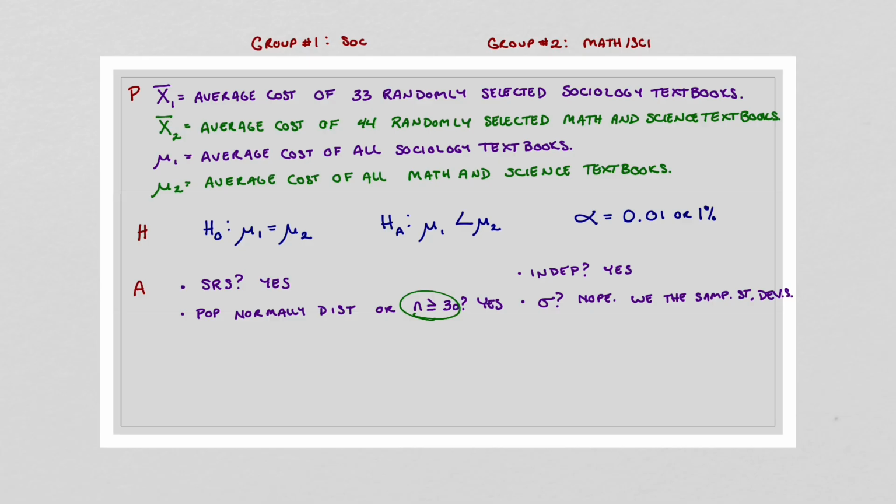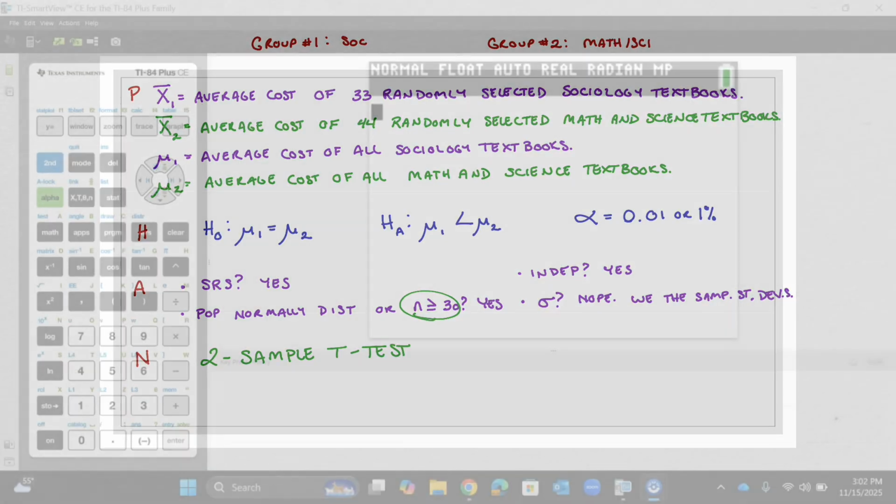Okay, so because we don't have the population standard deviations, this allows us to name our test that we're going to do, and that's going to be a 2-sample t-test. So from here, we need to jump to our calculator in order to get our test statistic and our p-value. So let's go ahead and jump to our calculators and go through this process.